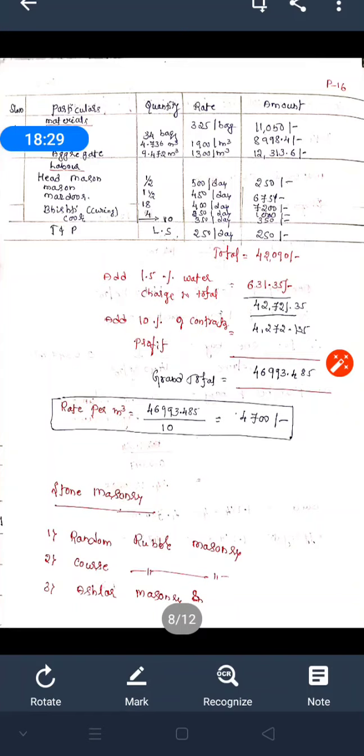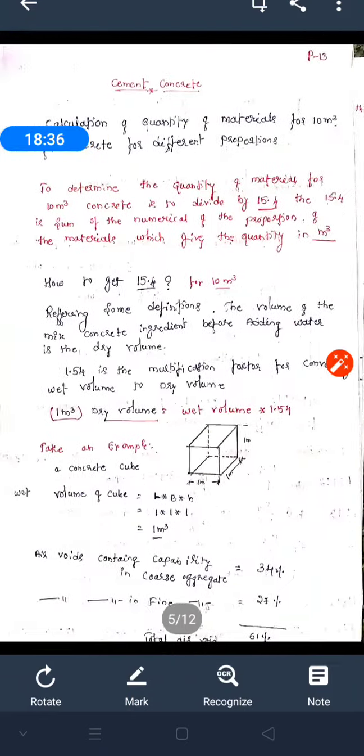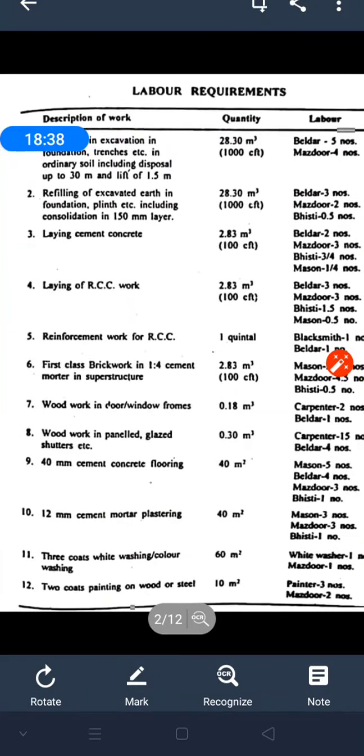Here we should calculate the labors. This is the CC bed, and for the CC bed there is laying of cement concrete.